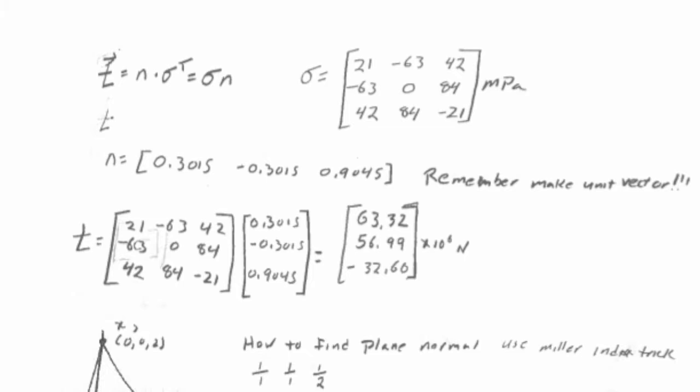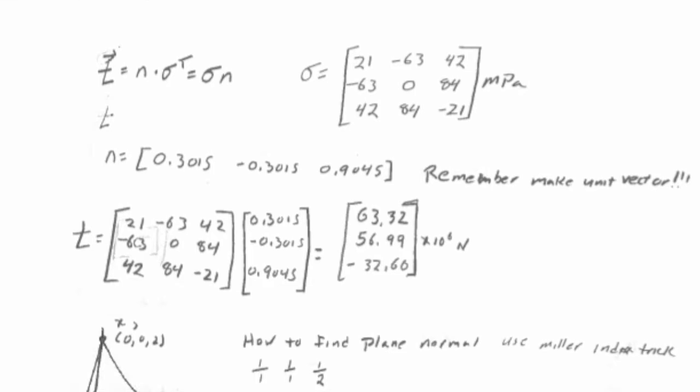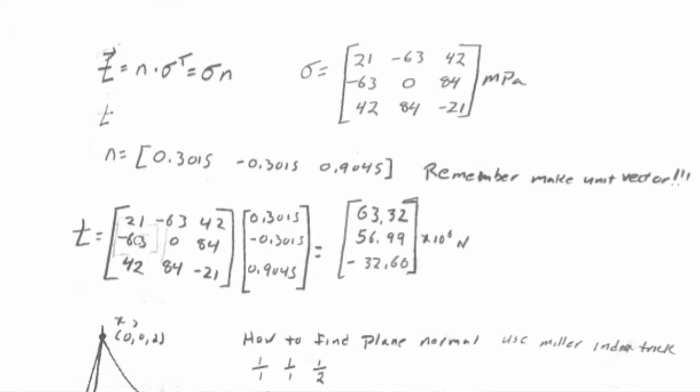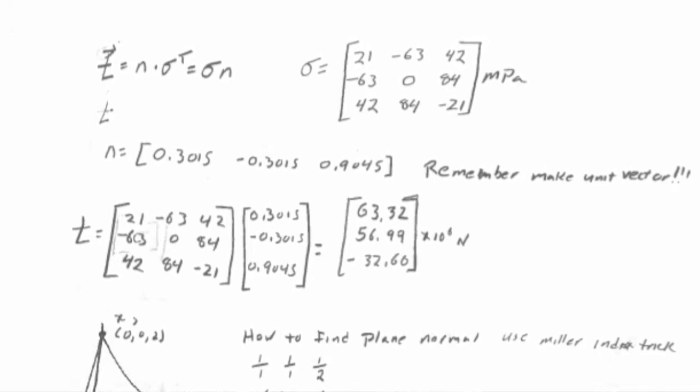Normally, if you look in a mechanics book, you'll see it like this. So if the normal is a column vector, that would be a row vector times the stress, right? Because of the symmetry of this, you can write it like this and write it as a typical matrix-vector product, right?